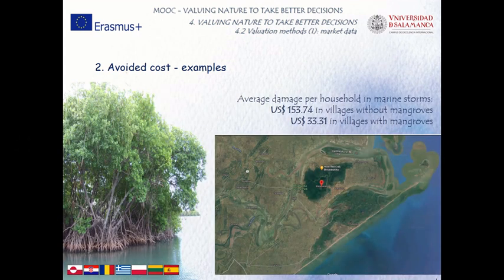As regards mangroves, here you have an example. The presence of mangroves provides some benefits to people in the way that it lowers the amount of money they have to spend to recover from, for instance, tidal activity or wave activity.